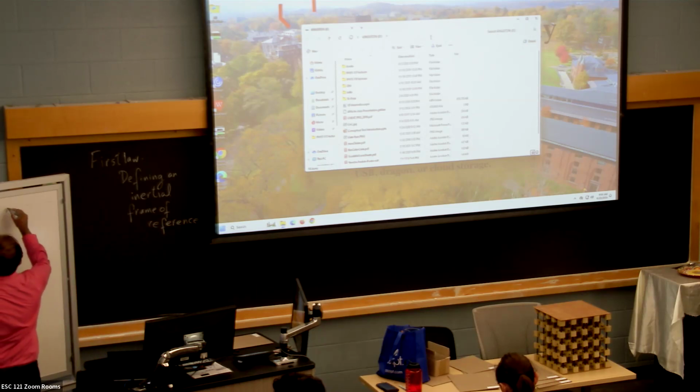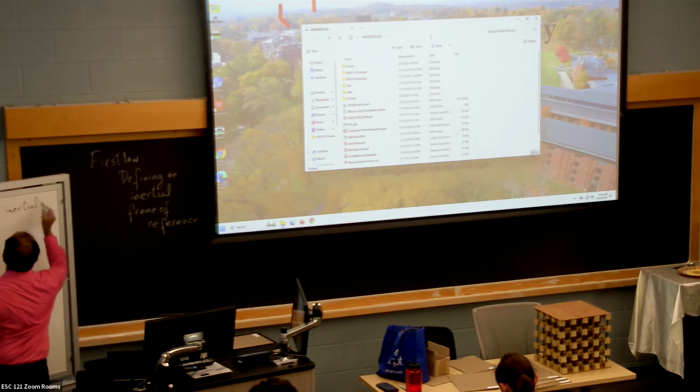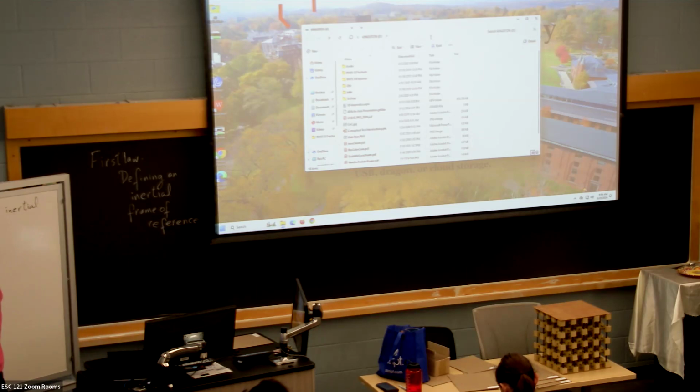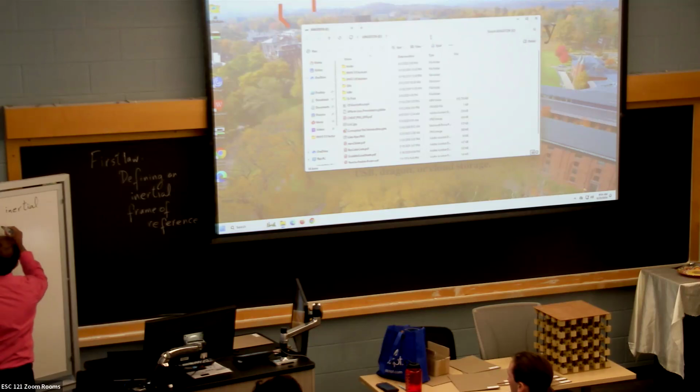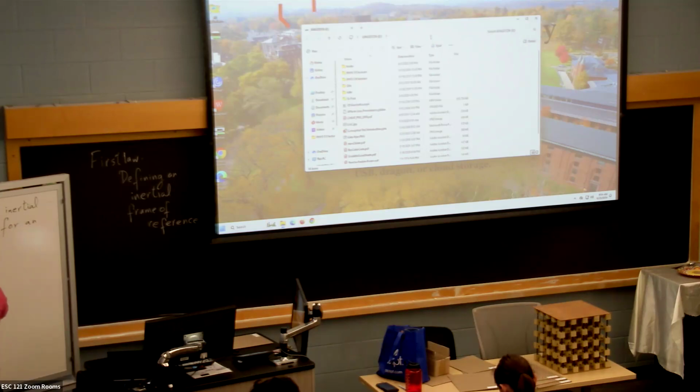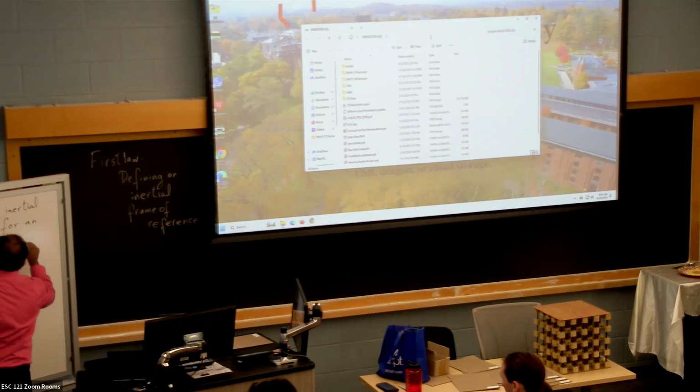in an inertial reference frame, or an object, momentum, that equals.